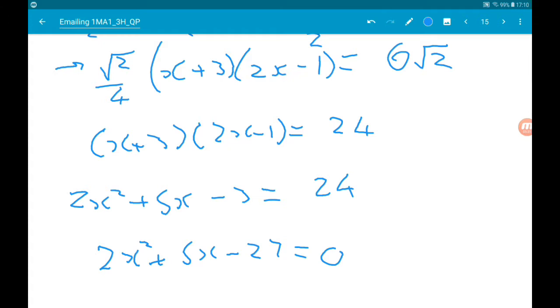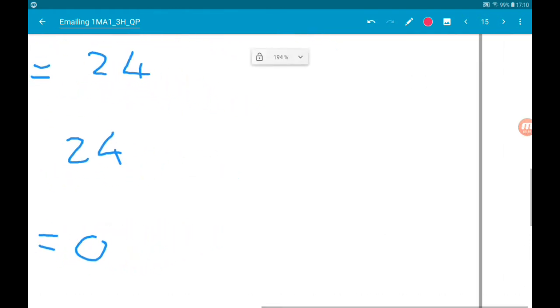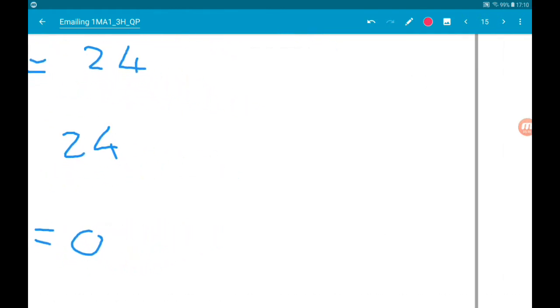Now then, the fact that they've told us they want the answer to 3 sig figs tells us we can't factorise this, so we need to use the formula. Now again, the formula is in my formula video and formula sheet.